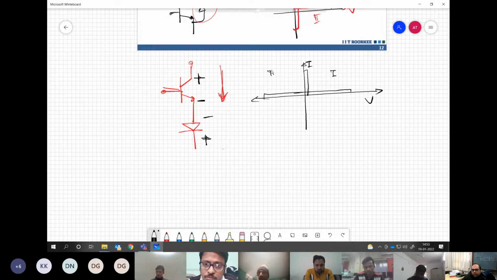So first and second quadrant both are covered. Understanding my point? If we need a switch which blocks voltage on both sides and has current only in the positive side, then we can simply have this type of connection, which you may call an anti-series connection.